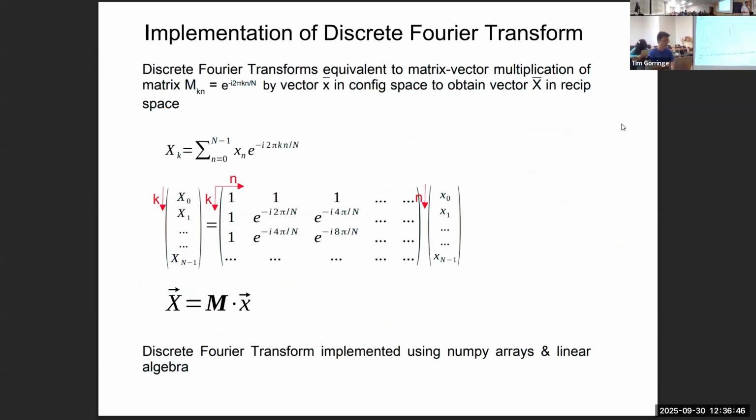And then we wrote down these equations, which were how we were going to implement the Fourier transform for our Fourier analysis. And we saw that we could represent the time domain data and the frequency domain data as arrays or vectors in NumPy.